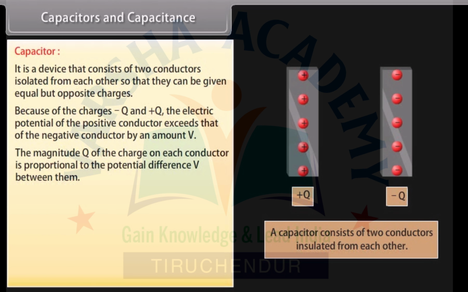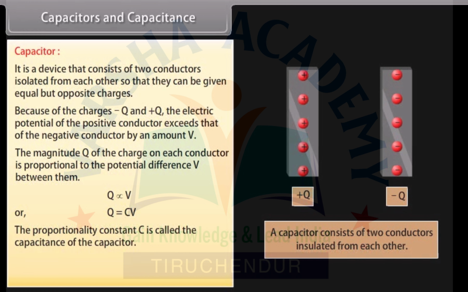The magnitude Q of the charge on each conductor is proportional to the potential difference V between them. Q is directly proportional to V, or Q is equal to CV. The proportionality constant C is called the capacitance of the capacitor.